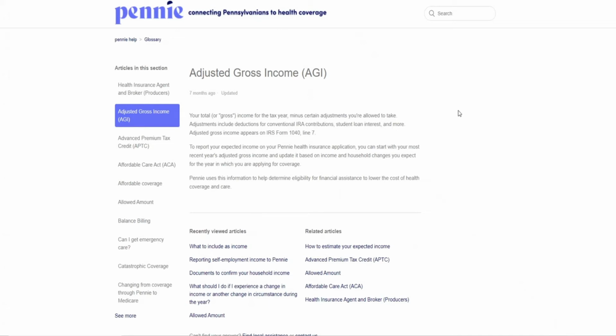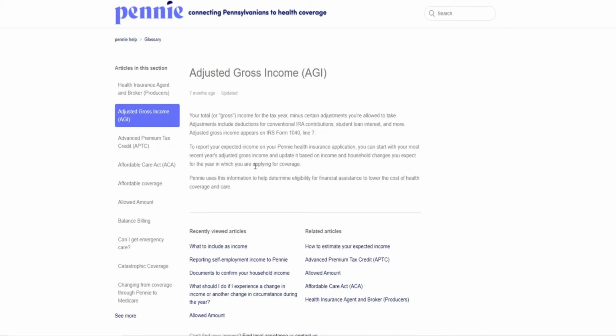That at the end of the day is, especially when you talk about the modified adjusted gross income, the starting point that most people can take in terms of estimating what their plan year is going to look like. And to report your expected income on your Pennie health insurance application, you can start with your most recent year's adjusted gross income and update it based upon income and household changes you expect for the year in which you're applying for coverage.